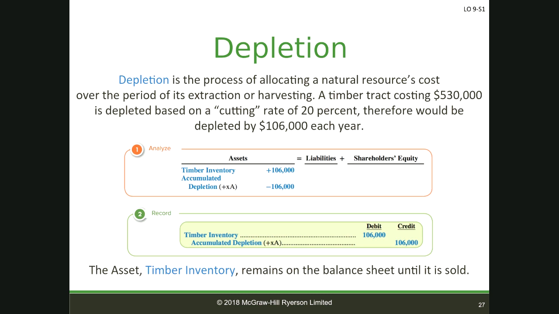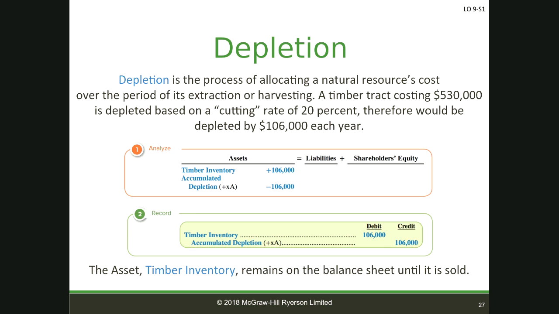Those processes are simply there to allocate the cost of an asset to the income statement as we're using up the asset. Remember we said depreciation and amortization is the same. They are cost allocation methods. We're just taking some of the cost of an asset and allocating it from the balance sheet to the income statement, right, on some type of systematic basis.